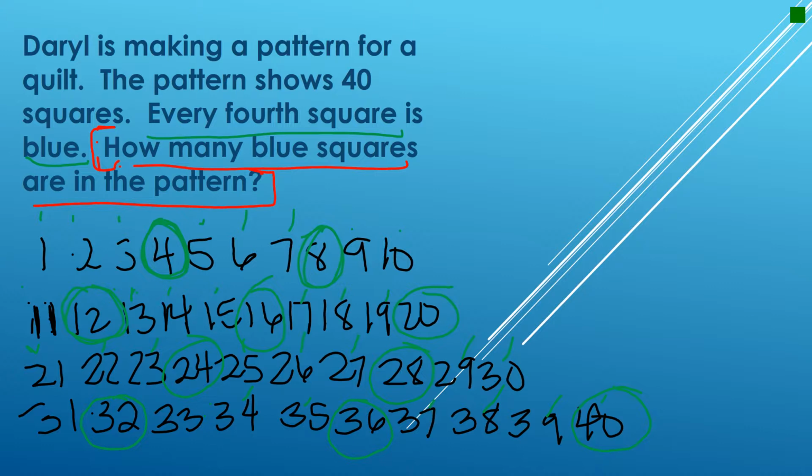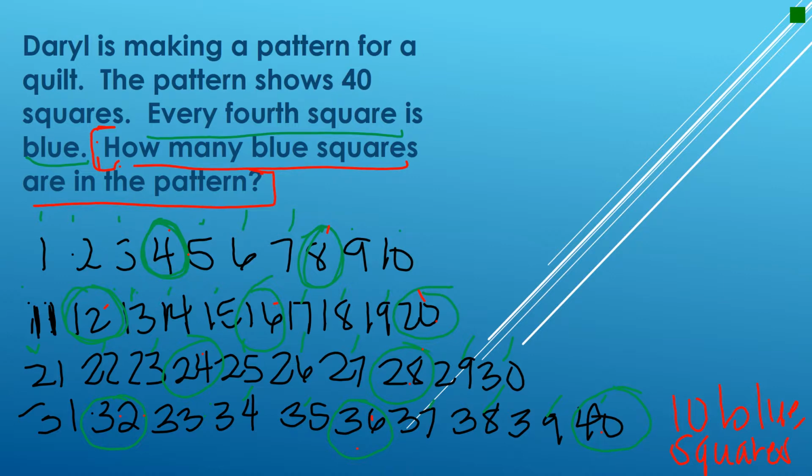And so each of these circles is blue, right? So let's count them. 1, 2, 3, 4, 5, 6, 7, 8, 9, 10. So this one gives us 10 blue squares.